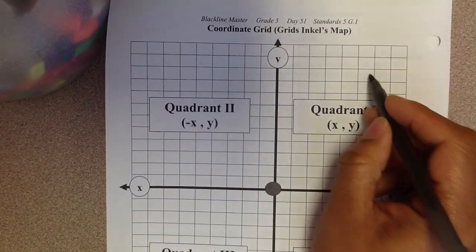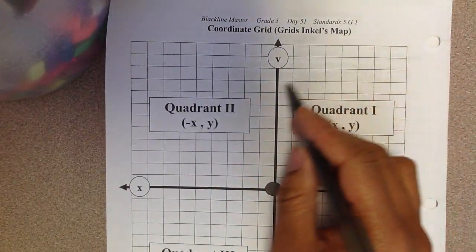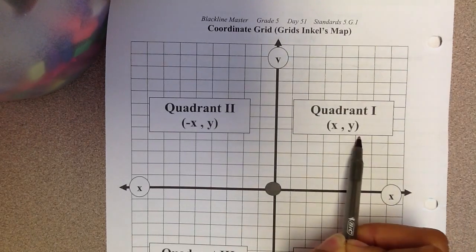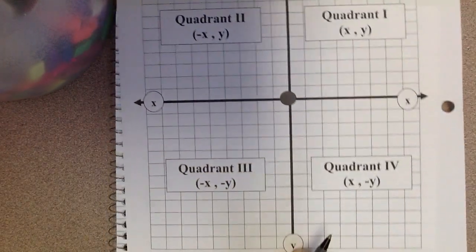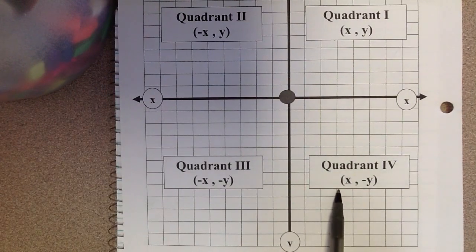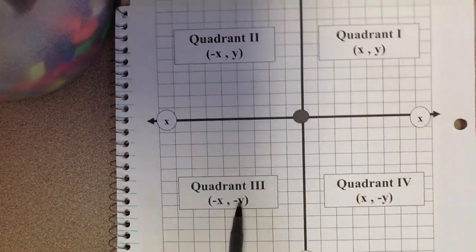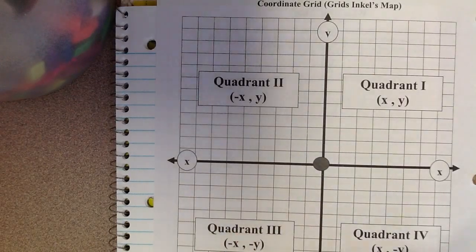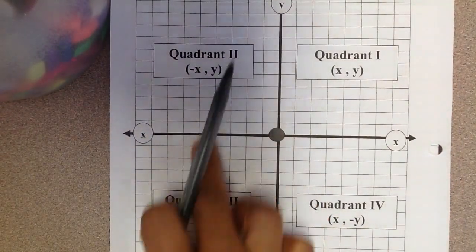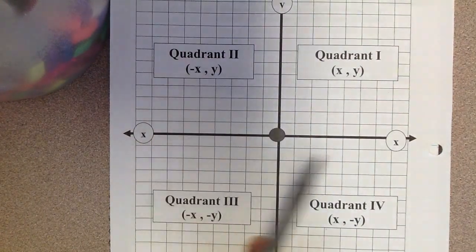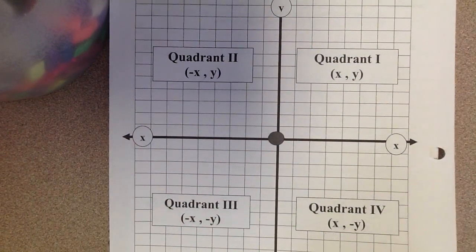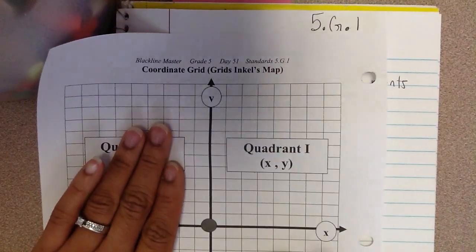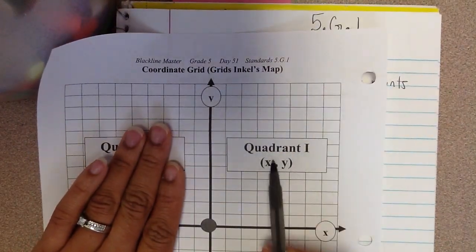We are only going to talk about quadrant 1 right here on your coordinate grid, where both X and Y are positive coordinates. Down here, X is positive, Y is negative. Here, X is negative, Y is negative. Here, X is negative, Y is positive. You'll talk about all these other 3 later in middle school and high school, okay? But for our purposes, it's as if only this part right here exists.